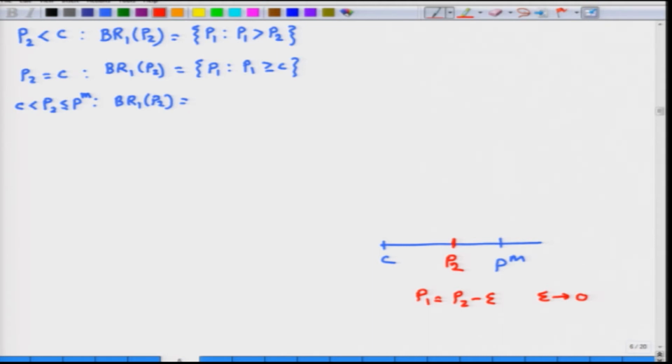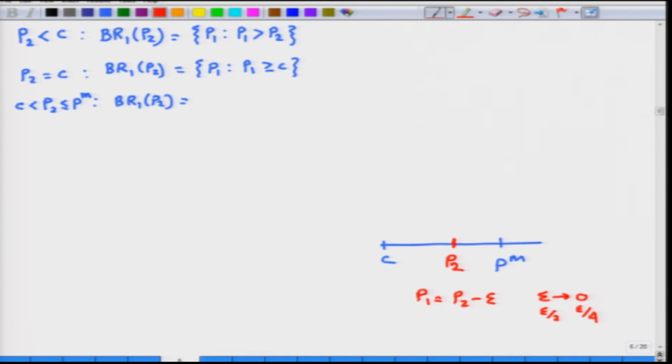The problem for us though is that because prices are real numbers here, if I choose an epsilon, I can come up with some other epsilon which is even closer to P2, which will still be sufficient to undercut firm 2, capture the entire market demand and increase my profits even more. So, if I choose epsilon, I can come to epsilon by 2, then thereafter I can choose epsilon by 4 and get even closer to P2.